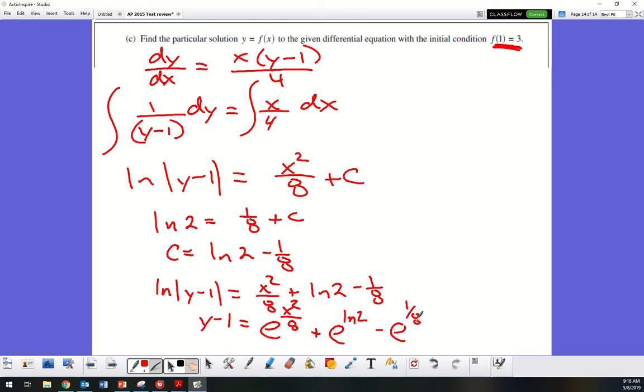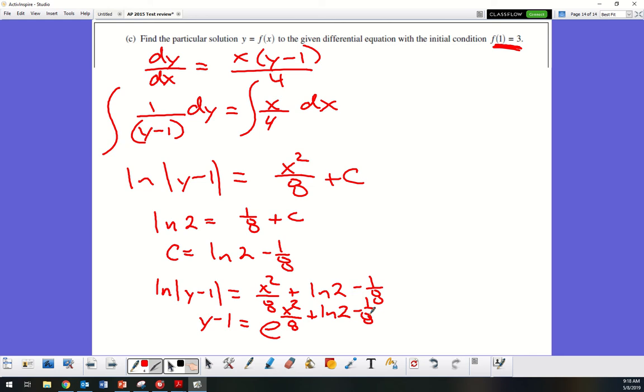So did I mess up that? Yes, I did mess up that. I'm not supposed to write it out like that because it's just e to the ln of everything, so it's going to be plus ln of 2 minus 1 over 8. So now, when I do this, I'm actually separating it because it's a multiplication now.